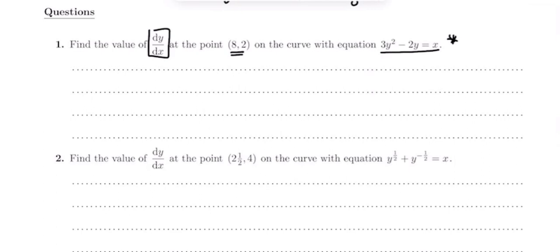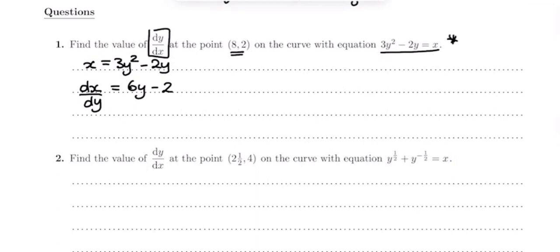So we're not going to try and rearrange it to get y equals a function of x. We're just going to use this reciprocal method. So we've got x equals 3y squared minus 2y, so dx/dy will be 6y minus 2.